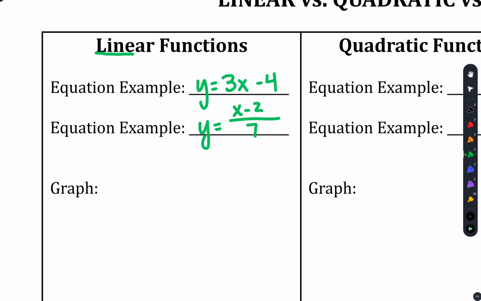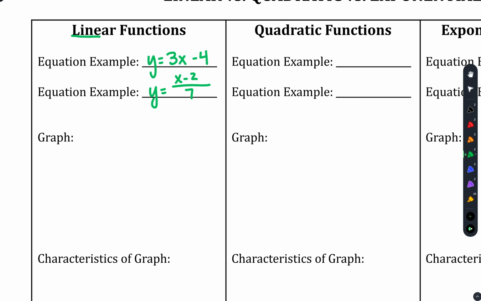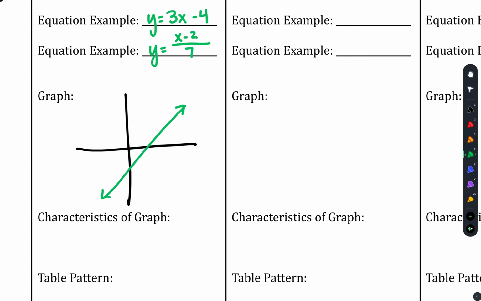Now, that word line inside of linear tells me that when I draw the graph of a linear function, it should look like a line. It can be going upwards, going downwards, horizontal, vertical. As long as it's a straight line, that's an example of a linear function. So the characteristic here, we're going to write: straight line.